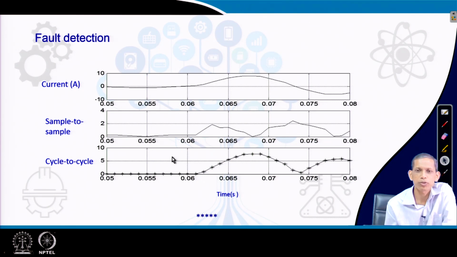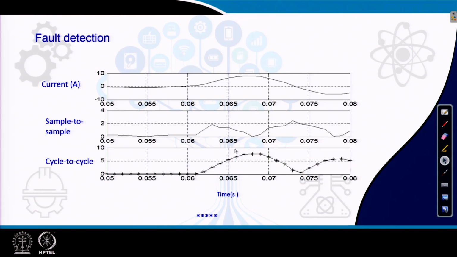So, these kinds of simple principles can be used effectively and successfully for the fault detection process. What we demonstrated here is how these sample values are being used in the relay. In the subsequent lectures, we will see how these samples are further processed for other computations and effectively used.